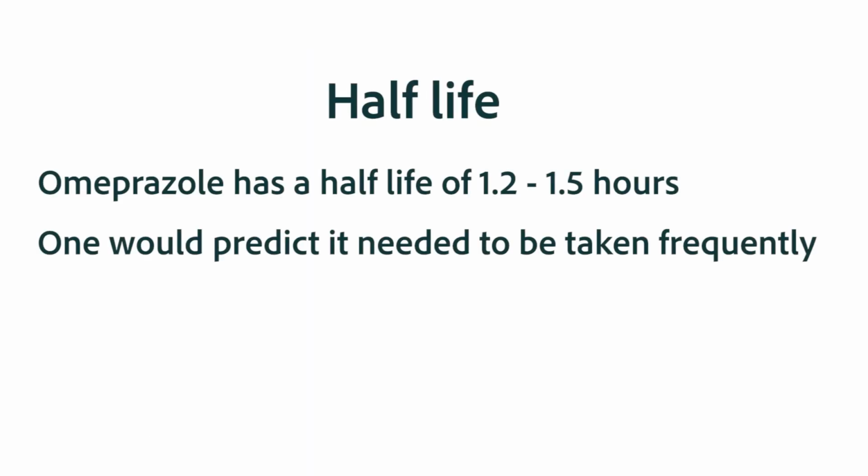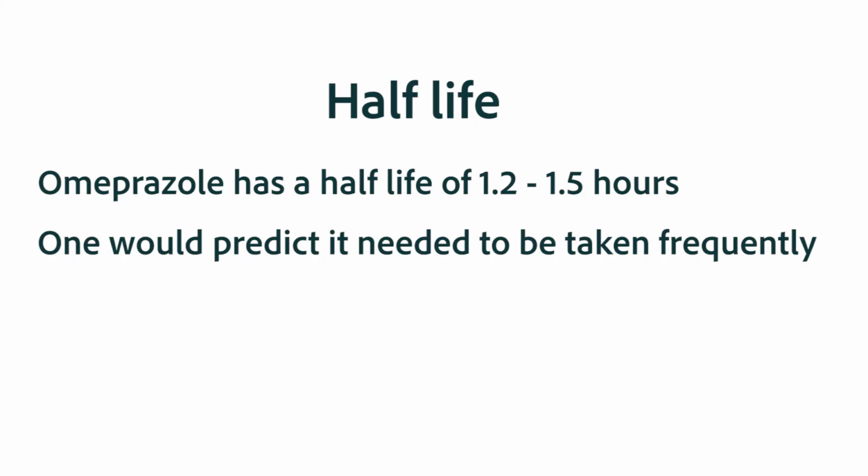With respect to the half-life of omeprazole and other proton pump inhibitors, that's about 1.2 to 1.5 hours. And normally that would mean that the drug would have to be taken quite frequently. For instance, if a drug had a half-life of 1.5 hours, you'd expect there to be about 5% remaining after 4.5 half-lives, or about 7 hours after it reaches peak concentrations in the blood.